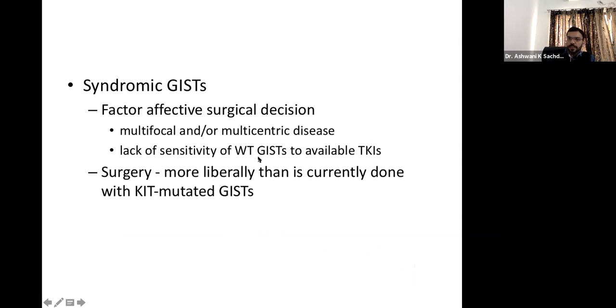In these types of cancer, which are not sensitive to TKI, surgery is to be done more liberally than in KIT mutated GIST. Even if they have to undergo major resection like Whipple's or rectal resection, because we know it will not be sensitive to imatinib therapy and surgery is the only option available to us, more extensive resections are allowed.